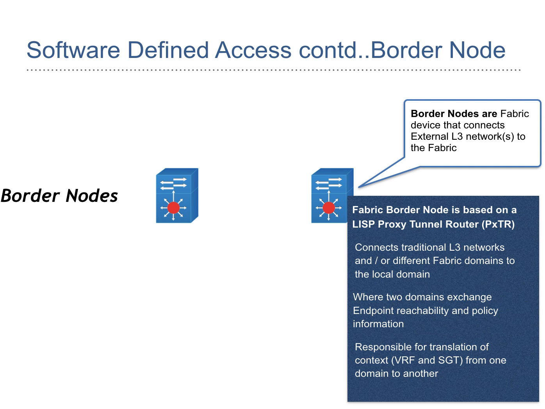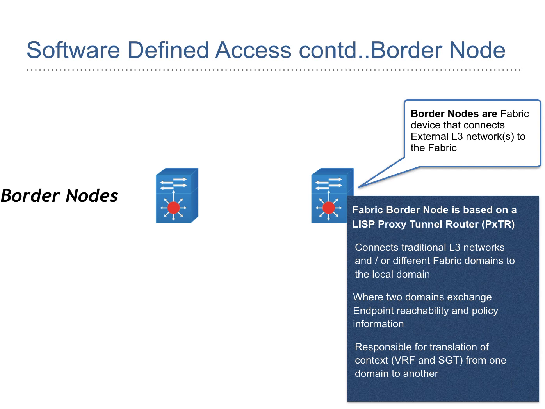Key important point, the border node is a node between your SDA speaking devices and non-SDA speaking devices and helps provide flawless communication between the two entities, right? It is responsible for translation of VRF and SGT from your SDA speaking devices to non-SDA speaking devices.